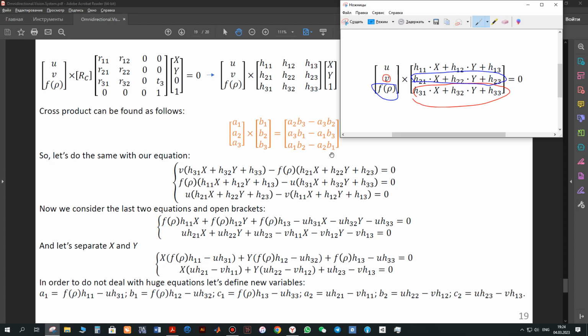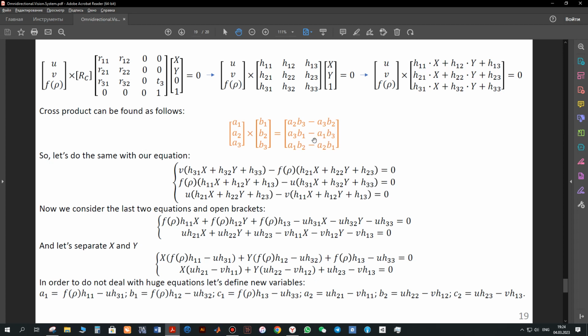So similar here. Once we finish with this, next we multiply a3 by b1. a3 is this one, b1 is this one. Similar here.